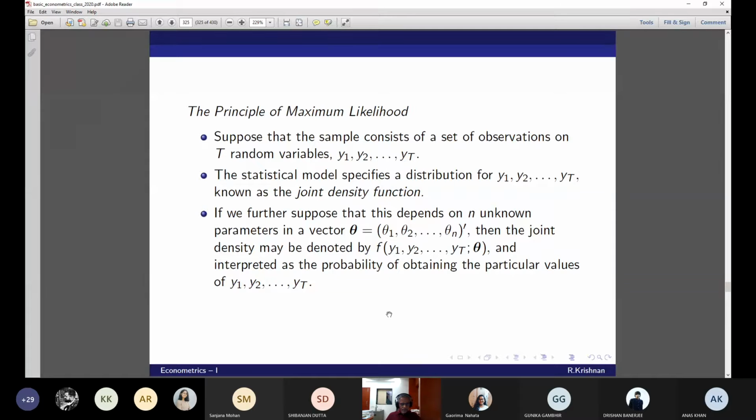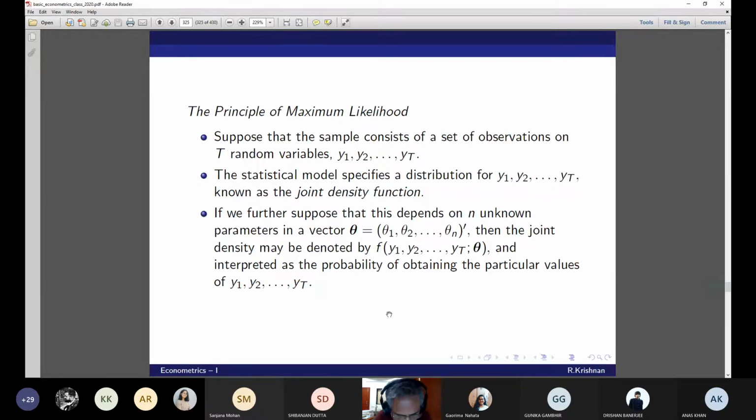Now, if you further suppose that this depends on n unknown parameters in a vector theta, theta prime, then the joint density may be denoted f of y1, y2, yT given theta. The theta is just to say that it depends on the parameter vector theta, and it is interpreted as the probability of obtaining the particular values of y1, y2, yT.